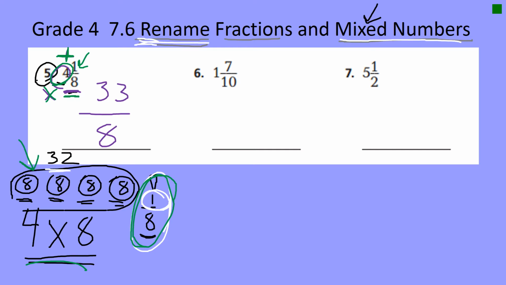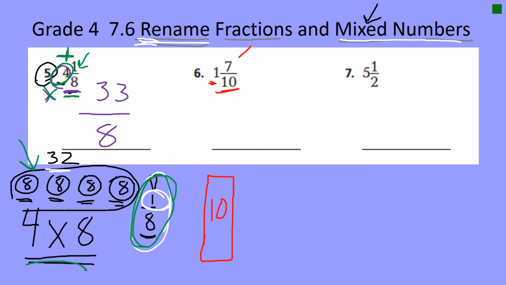Okay? So we'll imagine we have one candy bar, and that's the one whole. How many equal parts is that candy bar made of? Remember the job of the denominator? Yeah, 10. That whole candy bar has 10 parts, 10 pieces.